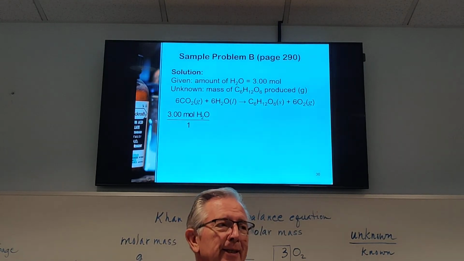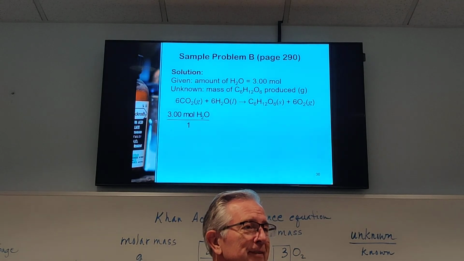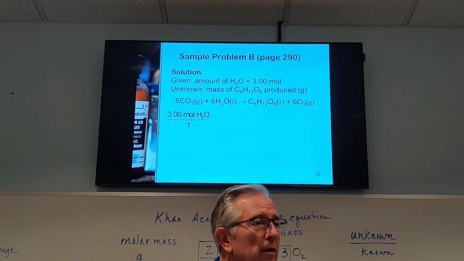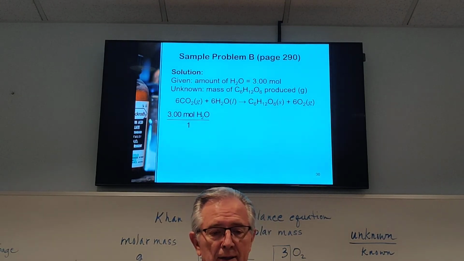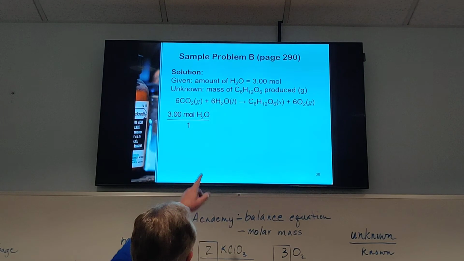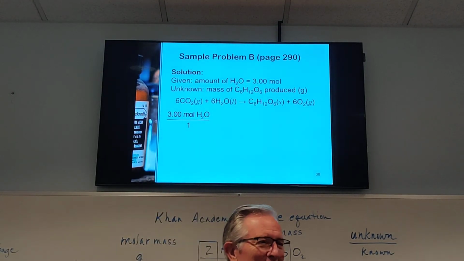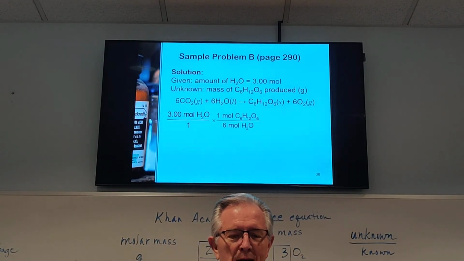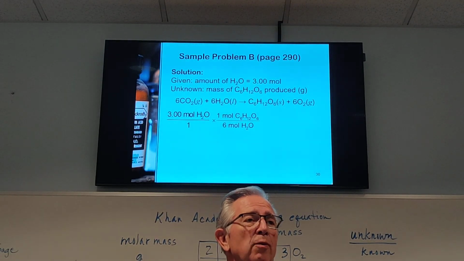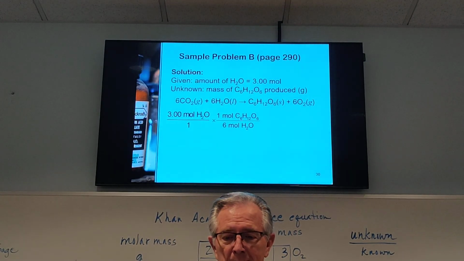On the bottom, we're going to have water. What number's in front of water? 6. That's what we want. 1 mole over 6 moles, or 1 C6H12O6 over 6 H2Os. Okay, that's my conversion factor.